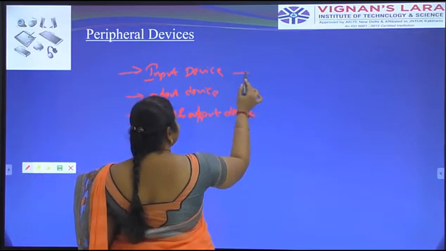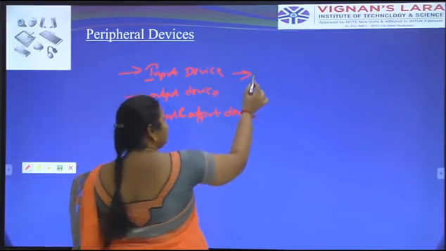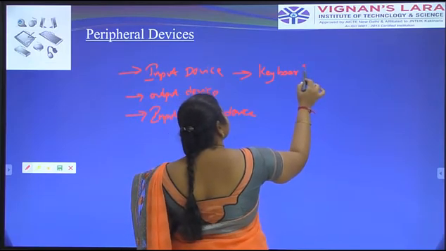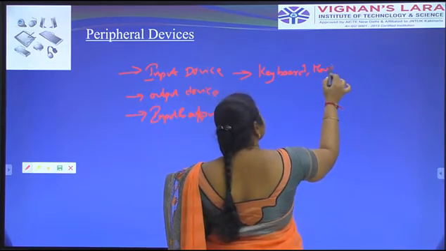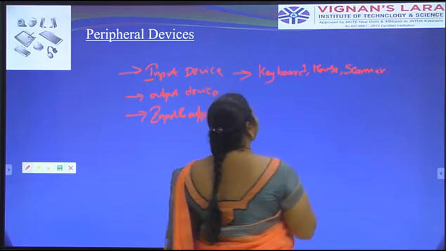From an input device we can give input to the computer. Examples of input devices are keyboard, mouse, scanner. These are input devices connected to the computer.